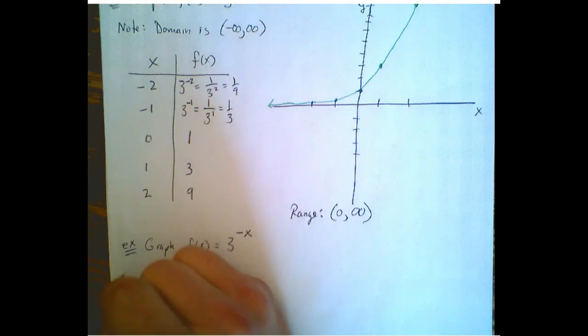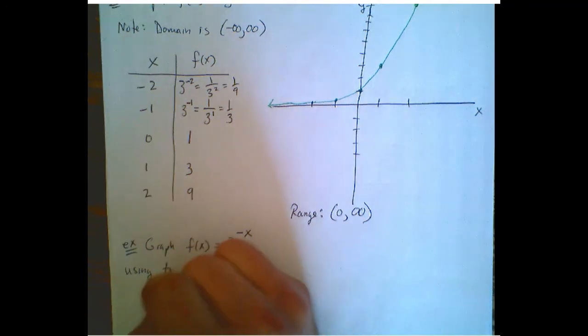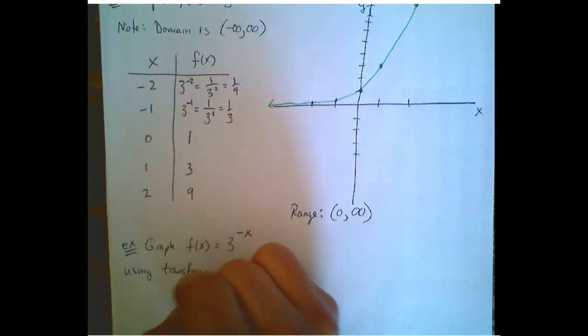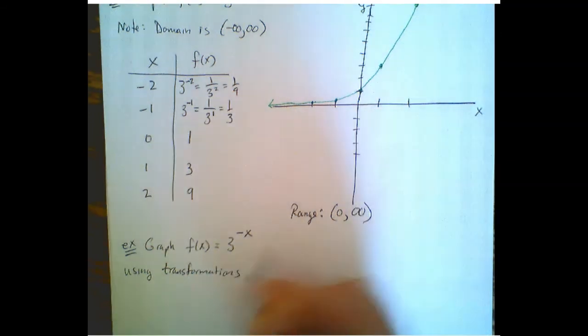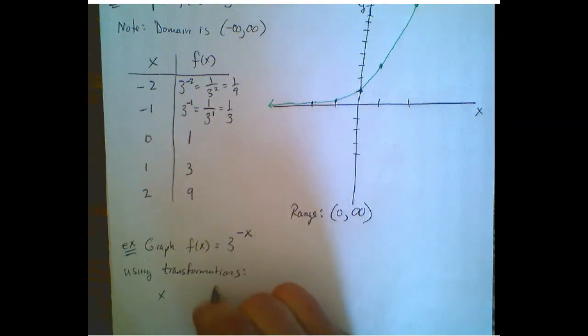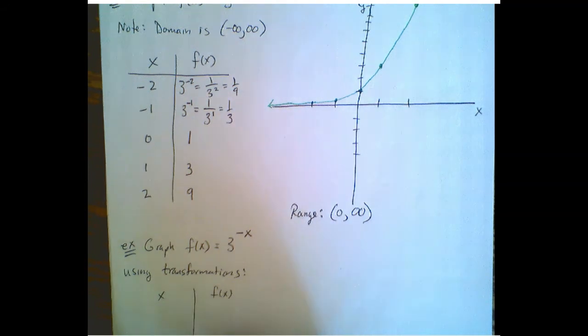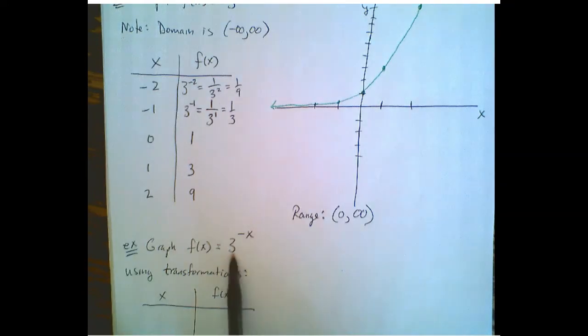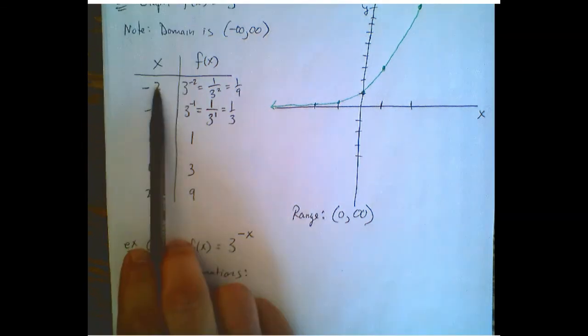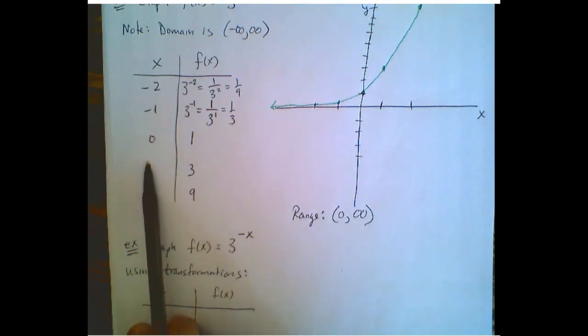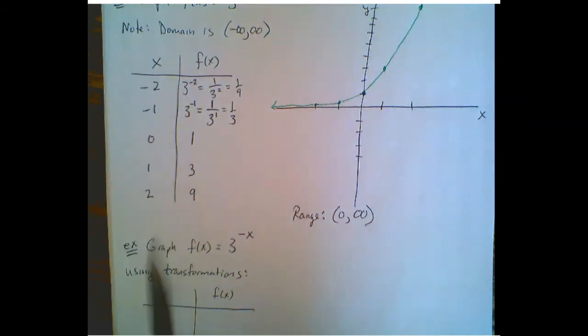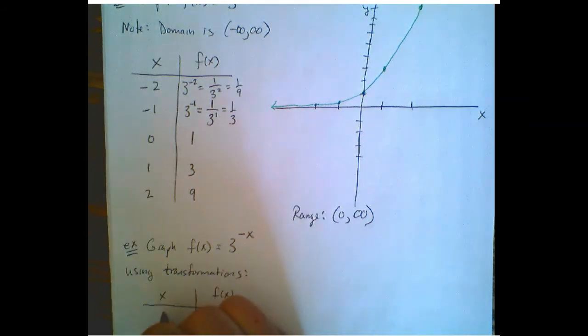So using transformations, right? So here we're just applying a negative to all of the x values. So we're going to change all of the signs of the values in the x list. So our -2 becomes positive, -1 becomes +1, 0, -1, 2.